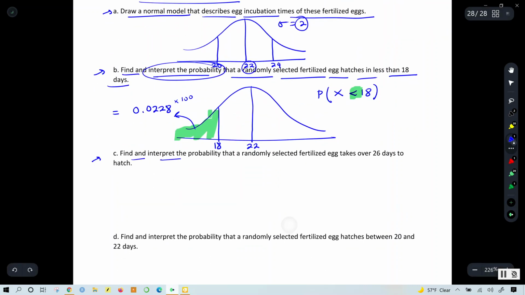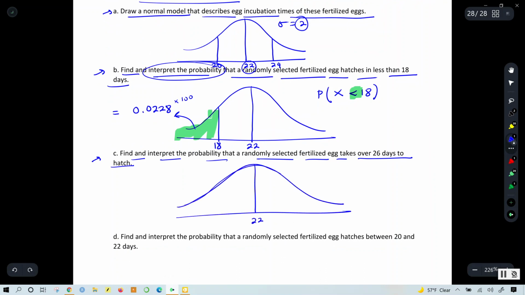Then question C. Find and interpret the probability that a randomly selected fertilized egg takes over 26 days to hatch. So, drawing this, the mean is 22, and you have 26. And we want to find the probability that it takes over 26 days. That will be more than 26. So probability that x is more than 26.